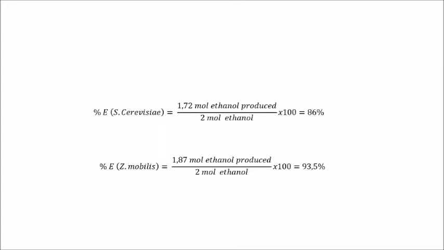We can see the yeast is capable of producing 86% of the theoretical maximum, meanwhile the bacteria is producing 94% of the theoretical maximum. It is better for ethanol production.